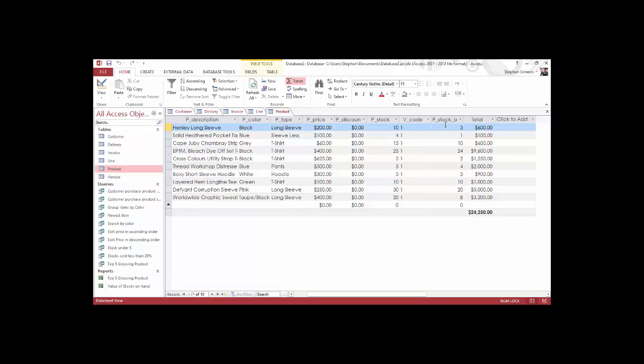And here they have the stocks on hand, meaning the current stocks right now. And this here is a calculated field where it gives the total of these stocks on hand right now.